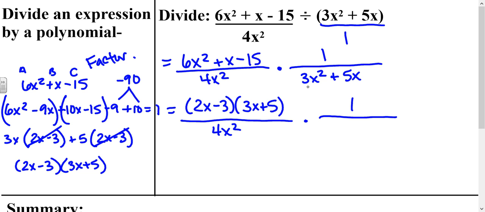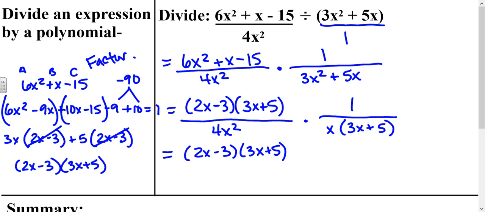And then on this one, how would I have to factor that? Well, I'd have to take out the greatest common factor, which would just be x. So then I would have left over 3x plus 5. So now I'm going to multiply straight across. So I have 2x minus 3 and 3x plus 5 and then 1.